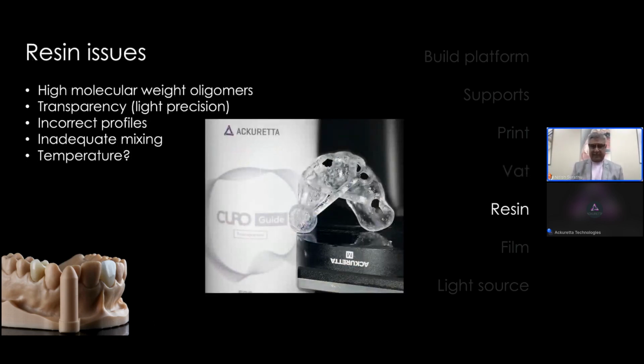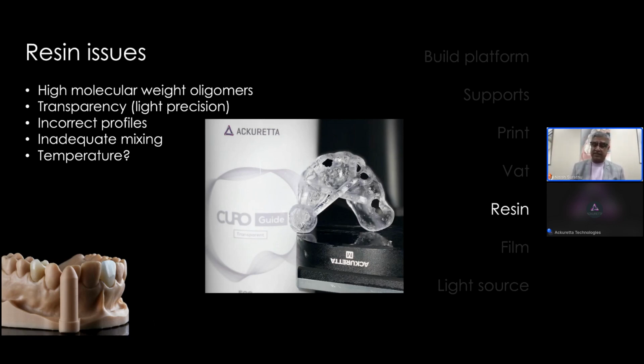Resin issues are big. You could have a bottle of resin that's off, that's past its date. You could have a bottle of resin that's been incorrectly stored. You could have a bottle of resin that hasn't been mixed properly if it's a fill resin. But the most common resins that love to fail are splint and guide and some of these transparent resins. These resins usually involve high molecular weight oligomers, and that doesn't make it easy for these resins.